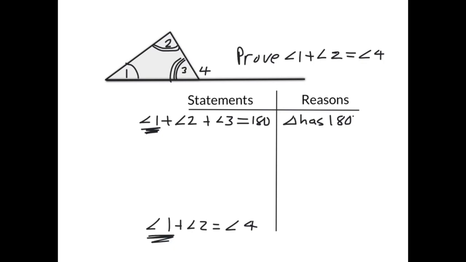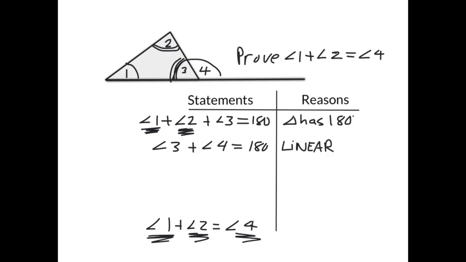Can I say something is true? Now, look, I've already talked about angle 1 and angle 2. That's pretty good. Now I need to talk about angle 4 in the next line. Well, I know that 4 and 3 together make 180 degrees. That's one of our facts, that a line has 180 degrees. You could say linear angles or supplementary, or you could say a half a circle is 180 degrees.